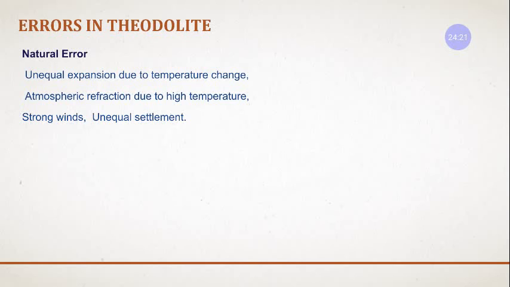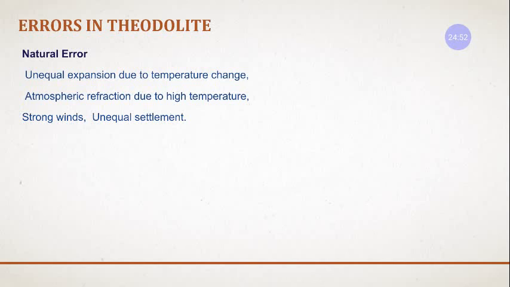Due to improper ground, slippery ground or not hard ground, there might be some settlement due to the load of the theodolite pressing on the ground. If you are setting up the instrument on sandy soil, there might be chances of the instrument settling when you are observing or taking the readings.